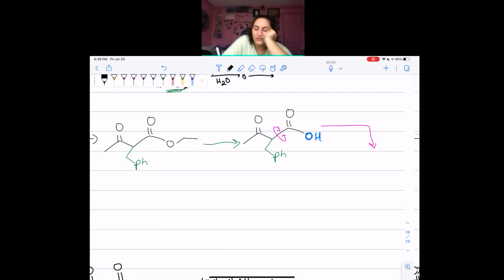So this side is going to stay the same, because I said so. This side is going to get flipped around, again, because I said so. No, just kidding. The real reason is because you want the hydrogen to be able to hydrogen bond with the carbonyl. So what's going to happen is this O is going to steal that hydrogen, bam, which causes this bond to break, which causes this bond to break, bam.